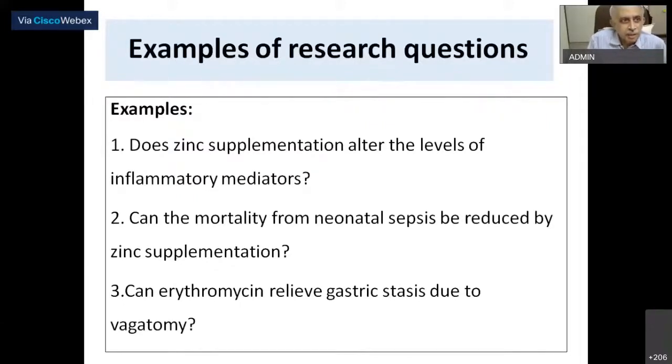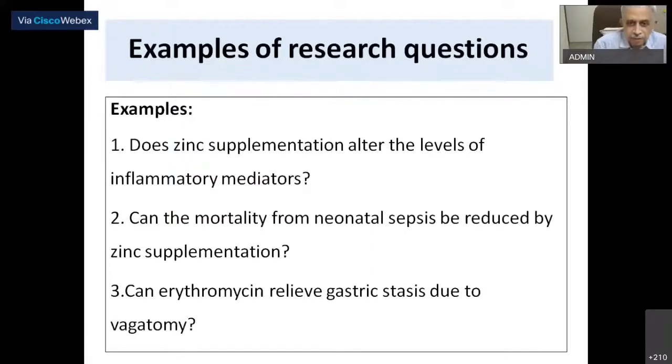There is some evidence that zinc is useful in neonatal sepsis. Now for COVID also we are prescribing zinc, because zinc helps in immunomodulation. It acts on the immune system and improves our immune system. So we wanted to study whether zinc alters the inflammatory mediators in neonates with sepsis.